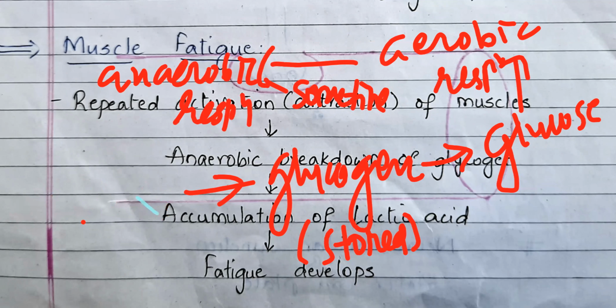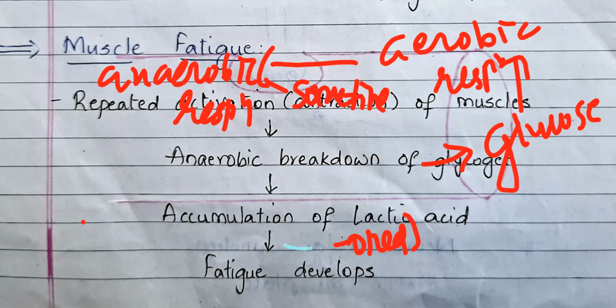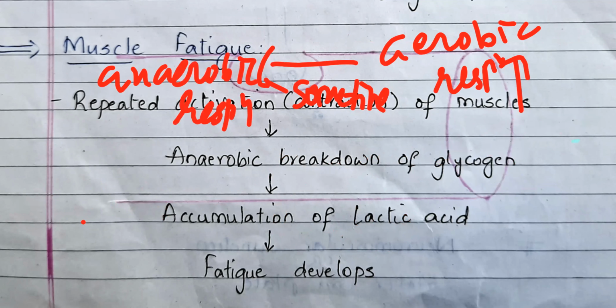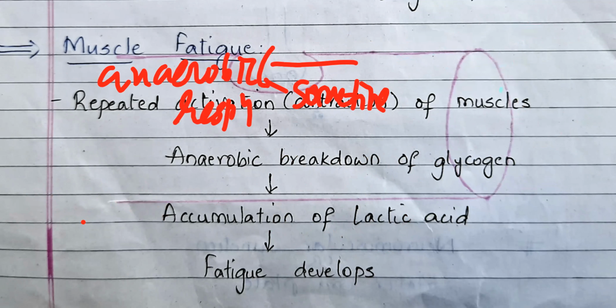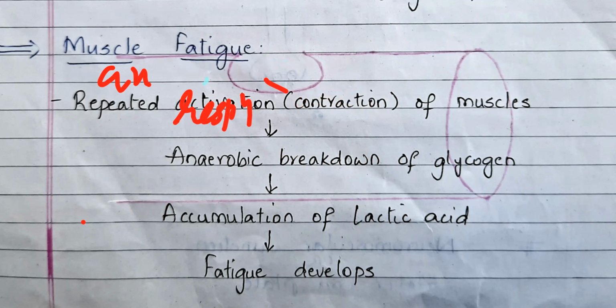What was stored in muscles? Glycogen. That will be broken down into what? Glucose. That glucose initially will go for which respiration? Aerobic respiration. But after some time, when oxygen shortage is created, it will switch over to which respiration? Anaerobic respiration.